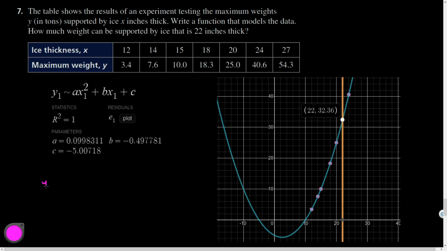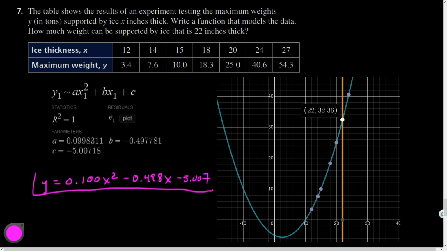So y equals 0.100x squared minus 0.498x, when I round to 3 places, and minus 5.007. Boom. And so there's the equation.